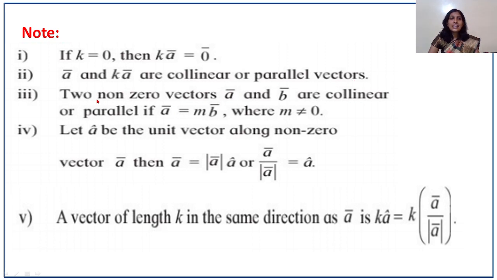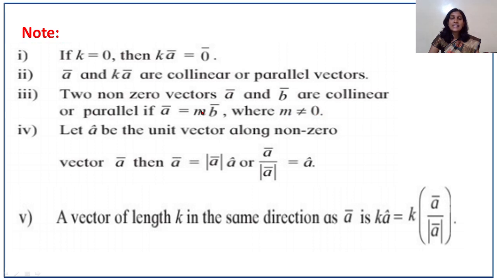That means if a bar and b bar are collinear vectors or parallel, then a bar is equal to m into b bar, where m is any positive scalar. M is not equal to 0.